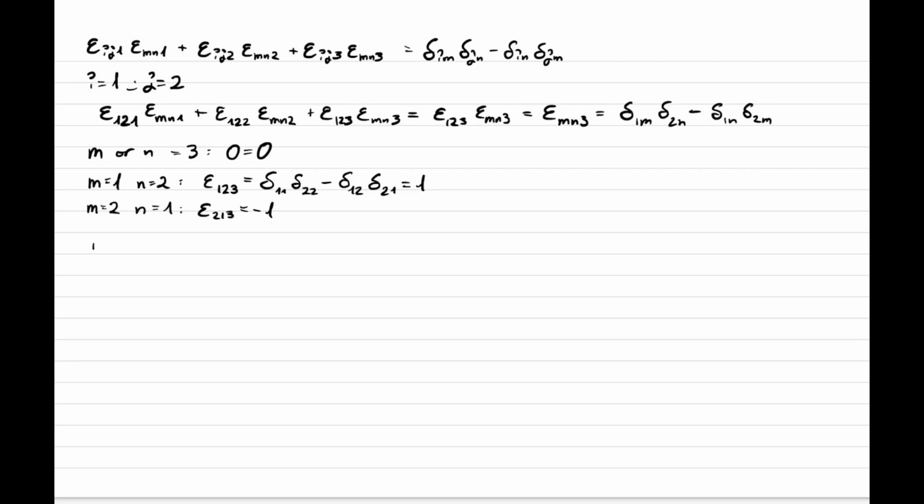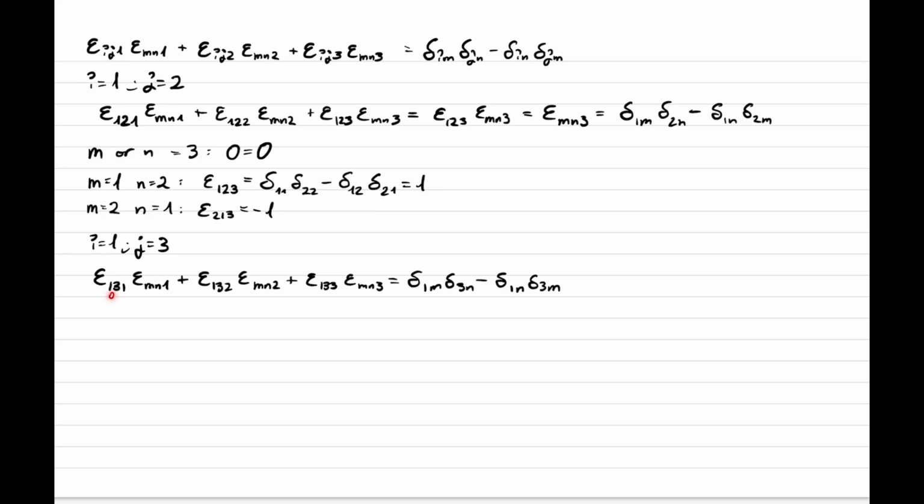Now we are going to check i equals 1 and j equals 3, and in this case we're going to have epsilon 1,3,1 times epsilon mn1 plus epsilon 1,3,2 epsilon mn2 plus epsilon 1,3,3 epsilon mn3, and this is just delta 1m delta 3n minus delta 1n delta 3m.